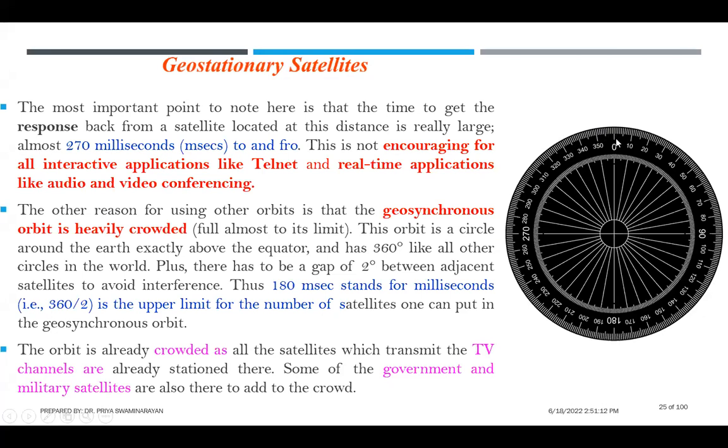Now, all the GEO satellites must be separated by a gap of 2 degrees. So 360 divided by 2, because there should be a 2-degree gap between two adjacent satellites, so a maximum of 180 satellites that we can launch. And currently it's already overcrowded. There is no space to launch additional GEO satellites because it has been already packed.